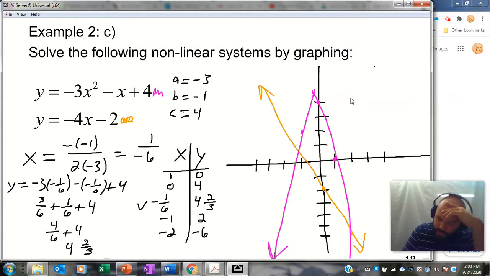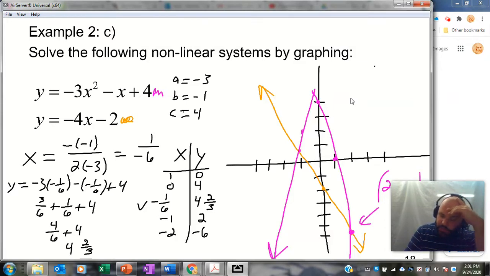Now, I'm guesstimating that it might intersect right there and somewhere in between there. The point for this one is to show you that it is really difficult to know for sure where this is crossing. To me, this lower point down here looks like 2, -6. No, that's not even right, because 2, -6 wouldn't work for the linear equation.